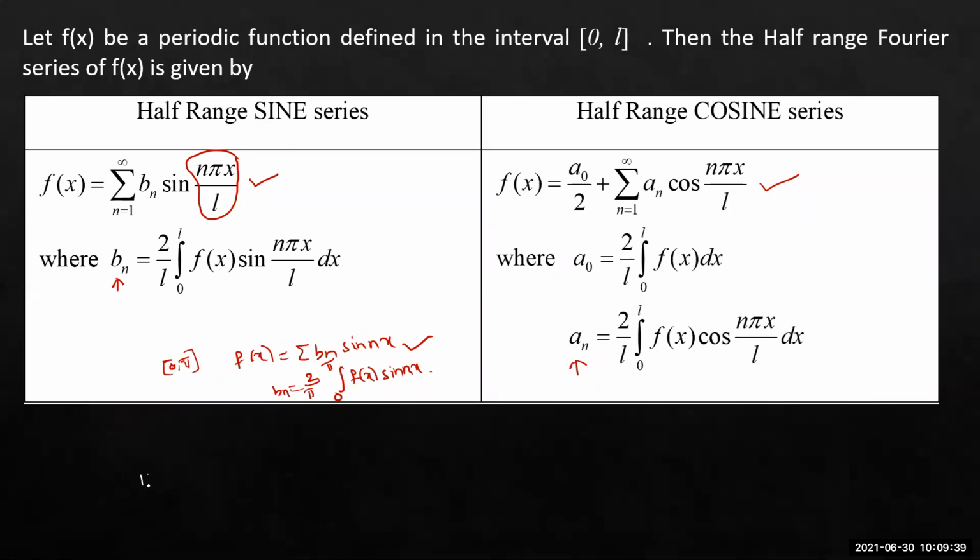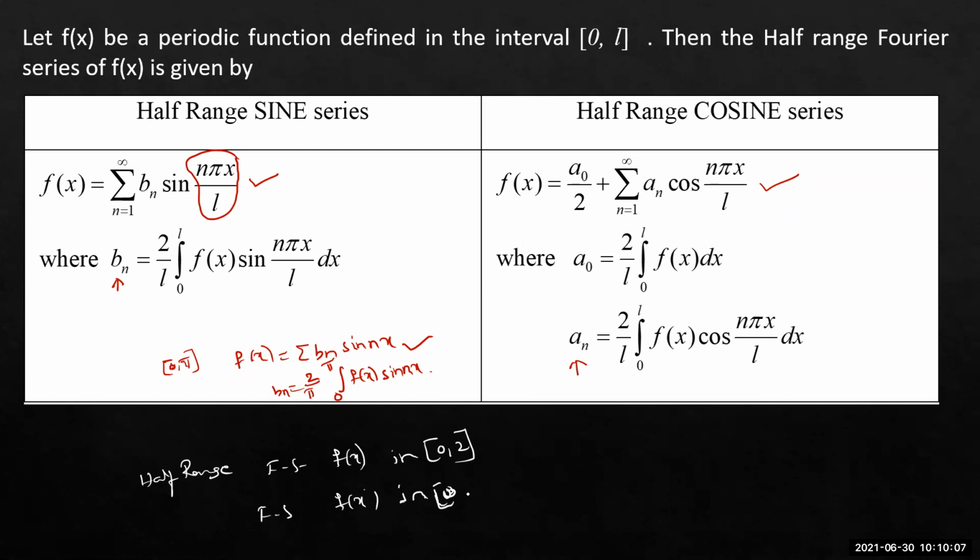Find the half range Fourier series. This will be mentioned clearly. Find the half range Fourier series for some function f(x) in the interval, you will be given it as 0, 2. Right? A similar thing we discussed even in the last concept: Fourier series for some function f(x), let us say, in a similar interval, 0, 2.